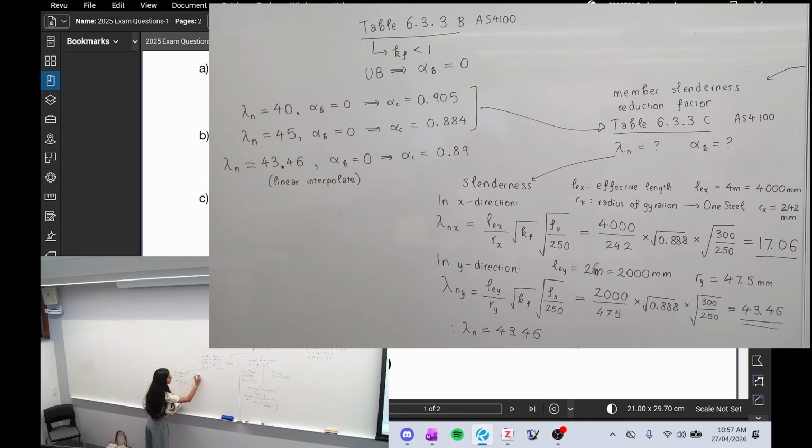Le x is your effective length in the x direction, and in this question it's been given to you as 4 meters, or you can also write that as 4,000 millimeters. rx is your radius of gyration, and this one you can also get from one steel.